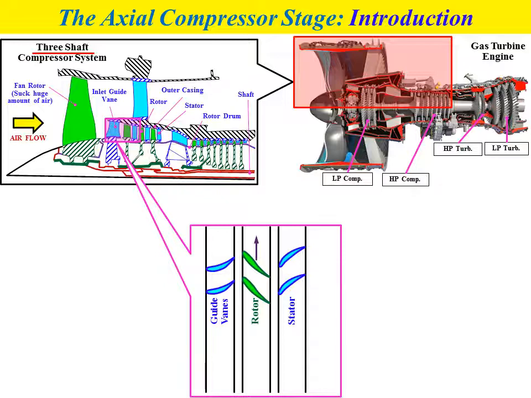For the rotor, we have an arrow that shows the rotational direction of the rotor. The combination of rotor and stator for the compressor, in this case, we call the first stage of the low pressure compressor. So one stage of the compressor consists of one rotor and also one stator.